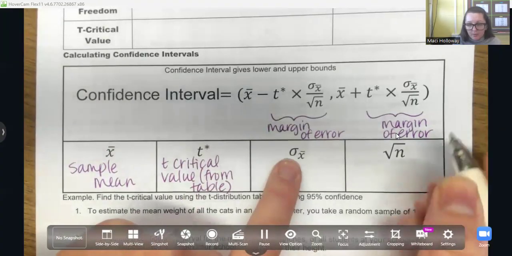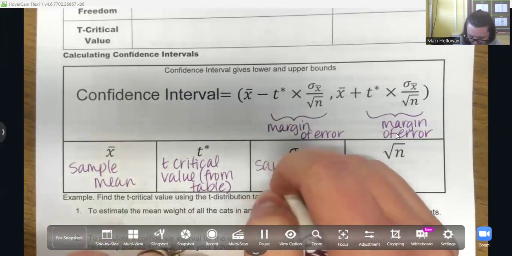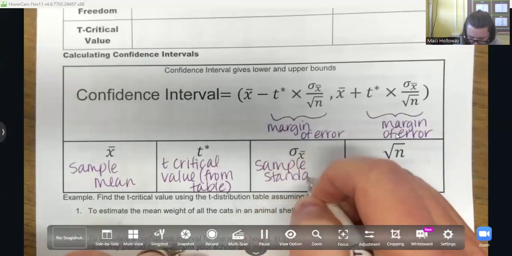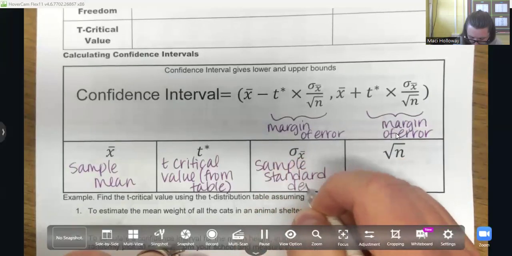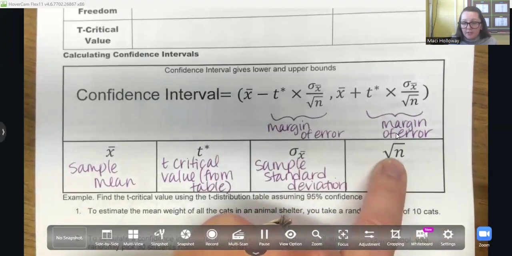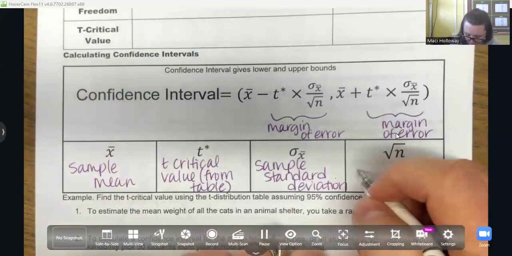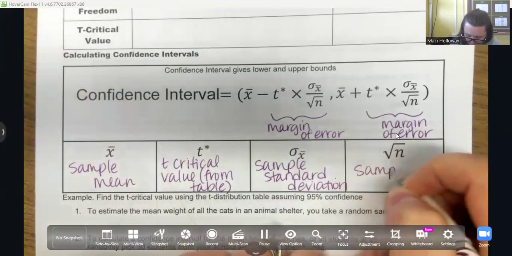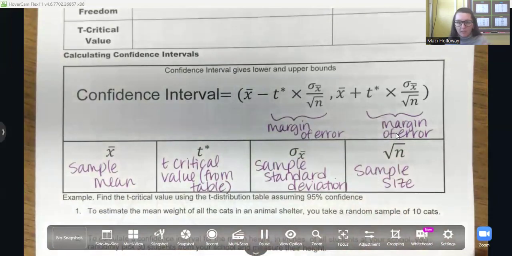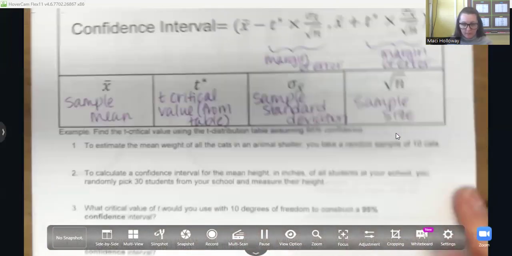This is our sample standard deviation. And then this is our sample size. So square root of our sample size. N represents sample size.